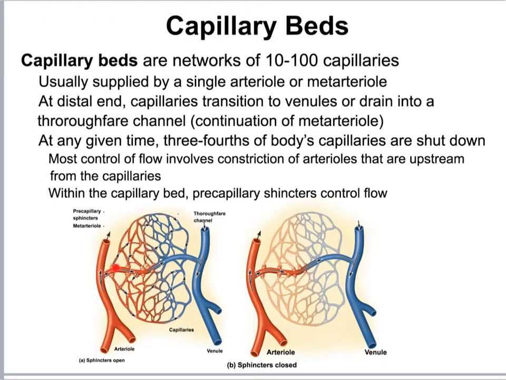There are these precapillary sphincters here, and if you want blood to not go to your intestines, there's two ways you can do that. You can constrict the arteriole so that there's just less blood flowing to the area, and you can also constrict these precapillary sphincters so that less or no blood gets into the capillary system. It just flows straight through and gets back into the vein.